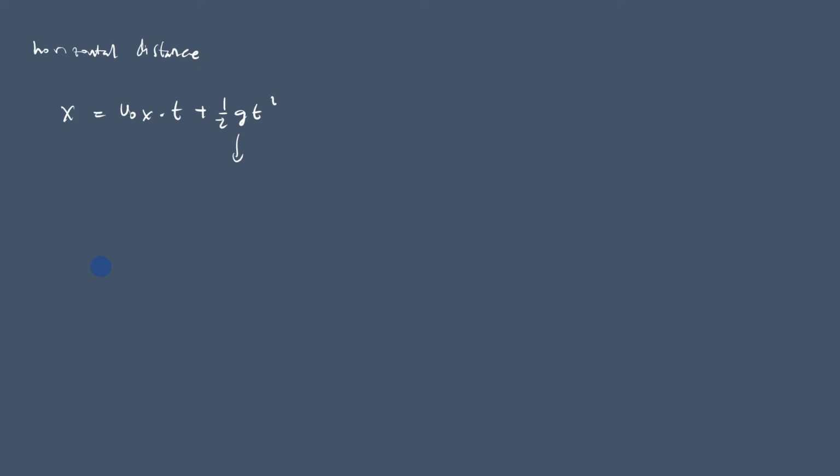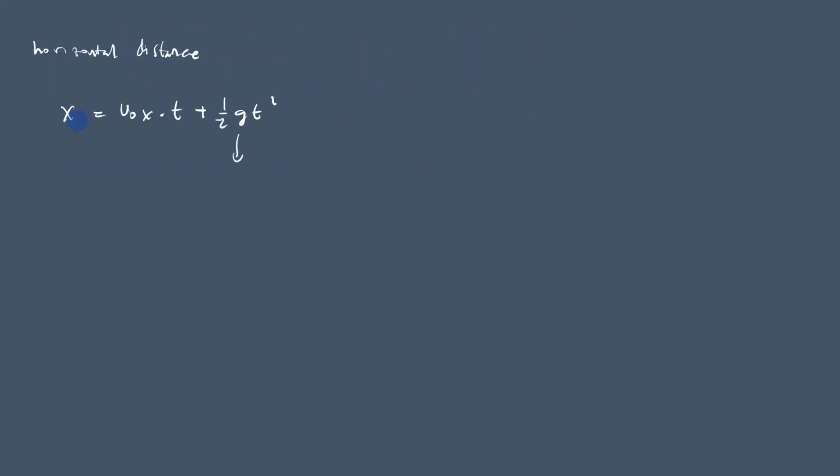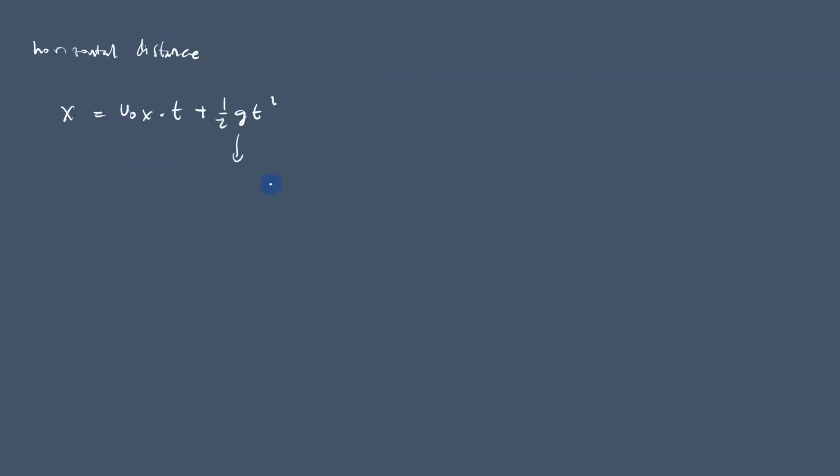As usual, the horizontal motion has a constant velocity, but with the condition in this problem, we get some acceleration g that comes from the wind blowing. We can substitute t by this equation, and we get x equals v0x times t.